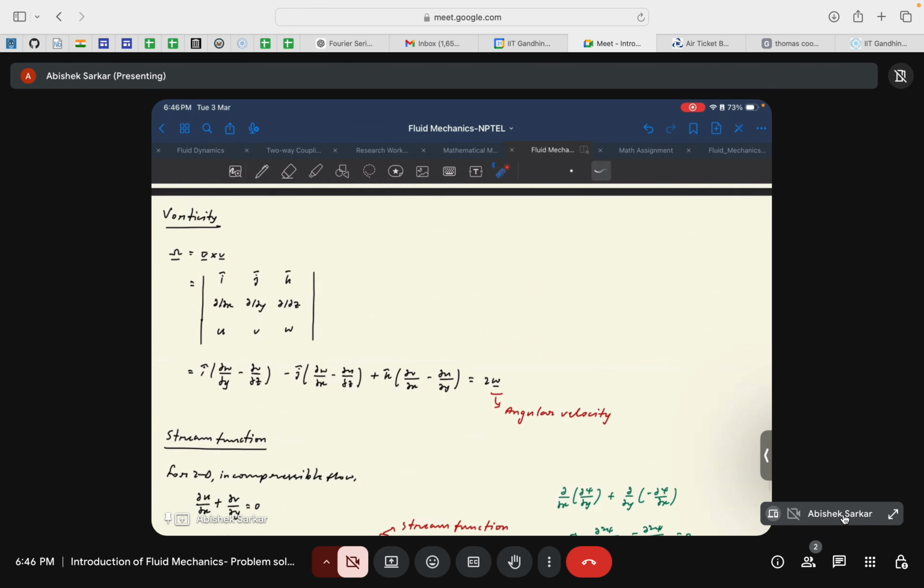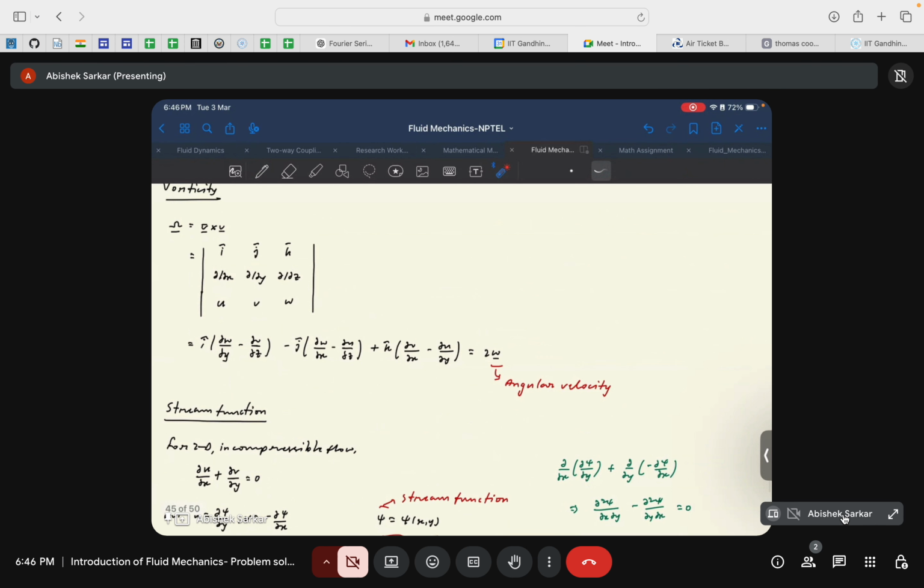So we also now define vorticity, which is more or less quite similar to the angular velocity. Usually there is not much difference, but because of the factor that we chose to define the angular velocity, you will see that vorticity is basically the curl of the velocity field.